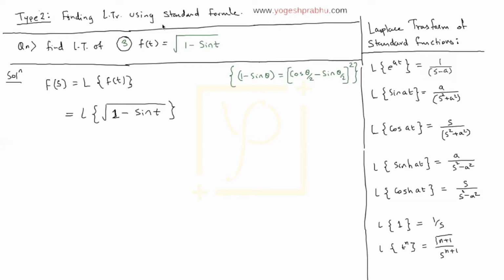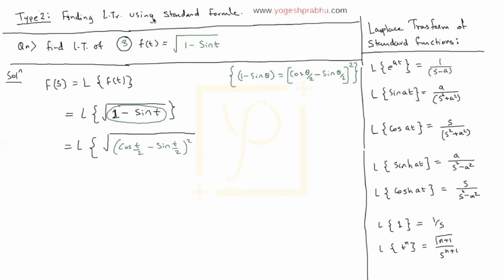So let me write, this will be Laplace transform of square root of, and now we will replace 1 minus sine t. We can replace that by cos t by 2 minus sine t by 2 the whole square. This will be cos t by 2 minus sine t by 2 the whole square.